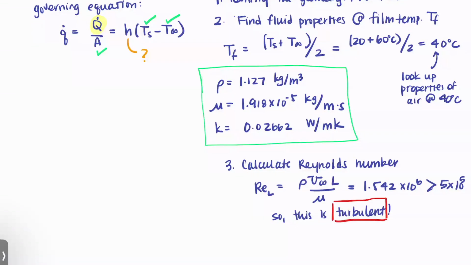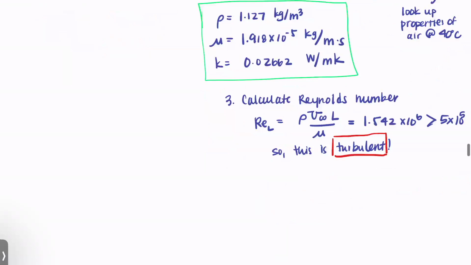And then our last step here, since we want a bulk flow, is that we're going to expect mixed flow over the plate. All right, so when the flow is at the very leading edge of the plate, it will quickly transition into turbulence. Okay. So let's go and find the correlation to use.